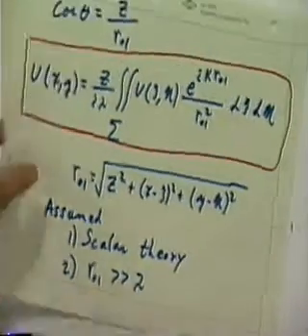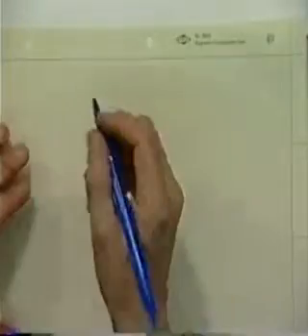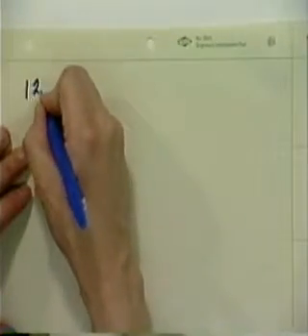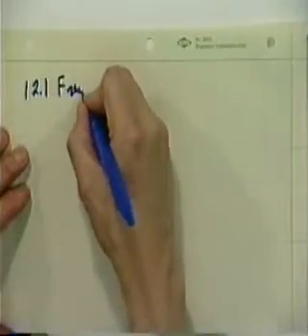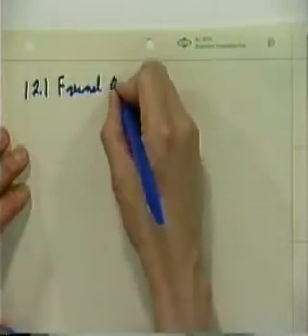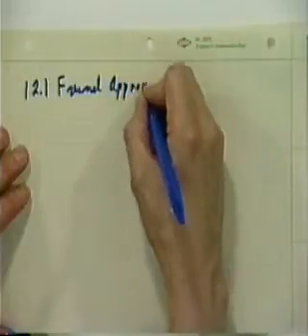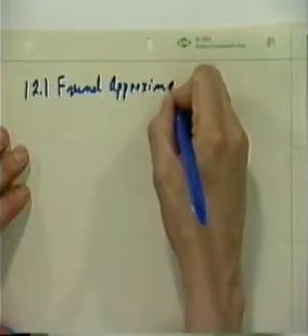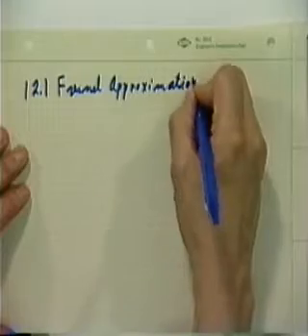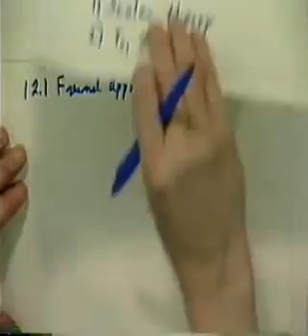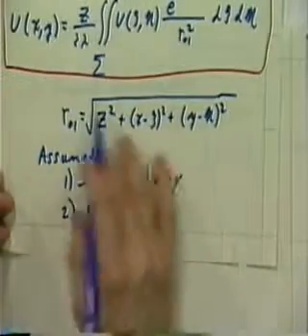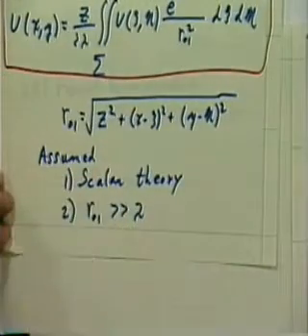Clean sheet of paper. So remember this equation, 12.1. Fresnel approximation. Well, what we're going to do here is that we have this terrible square root.